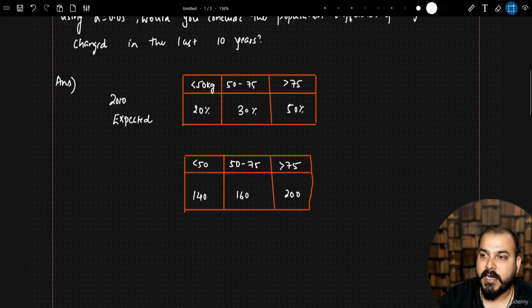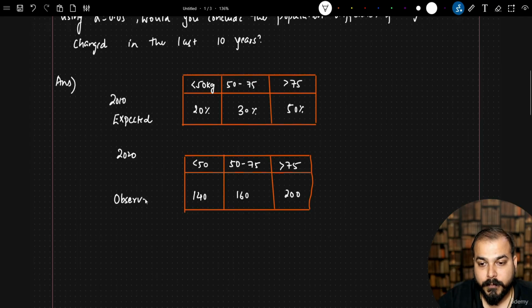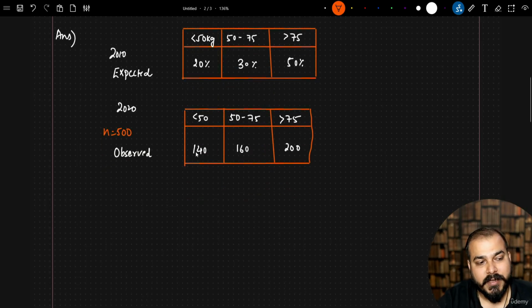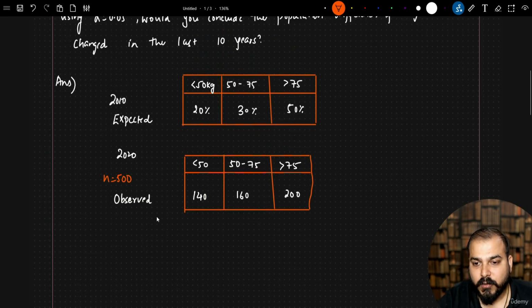So this data is of 2020, and this is basically my observed data, for sample n is equal to 500.